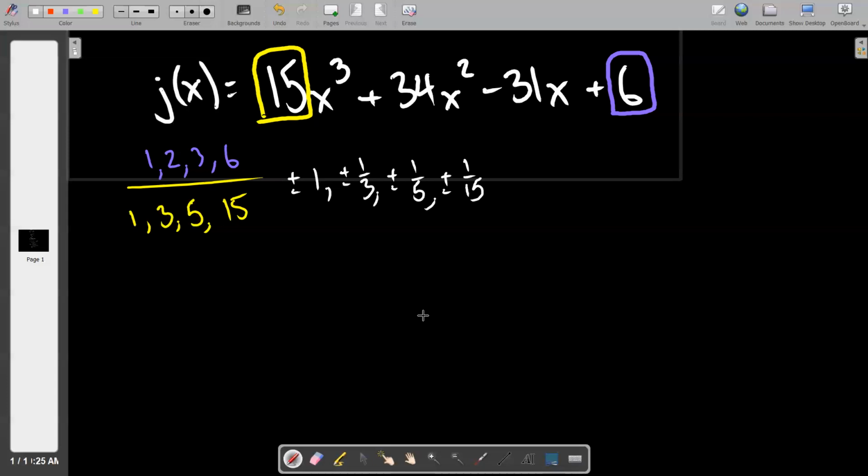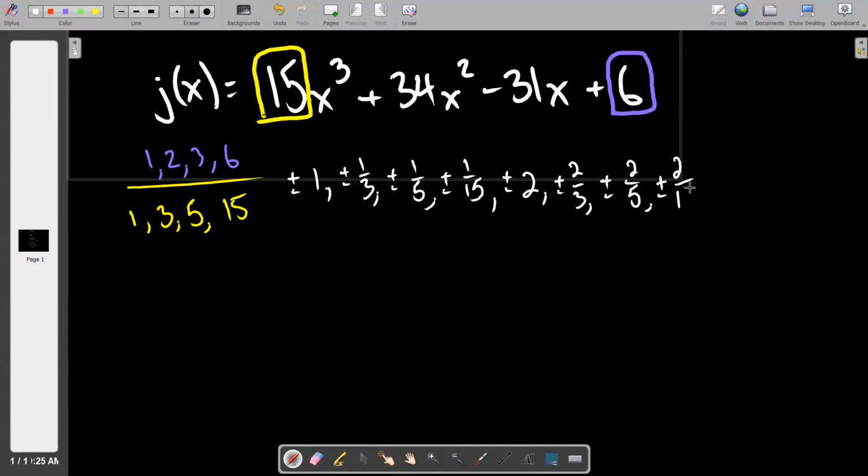All right, on to the 2. Yeah, I might have just straight lied to you here. There's going to be a little repetition, but not a lot. So next up is positive negative 2, positive negative 2/3, positive negative 2/5, and positive negative 2/15.